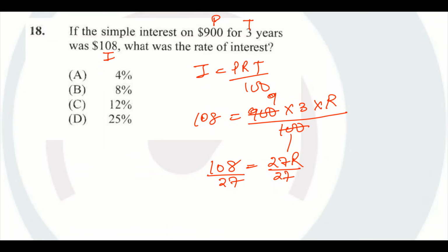I say, alright, 27 times which number gives me an 8 at the end. So 27 times 4. 7 fours are 28, carry 2. 2 fours are 8 and 2 is 10, 108. So good. 27 into 108 goes 4 times. Therefore the rate is equal to 4%.